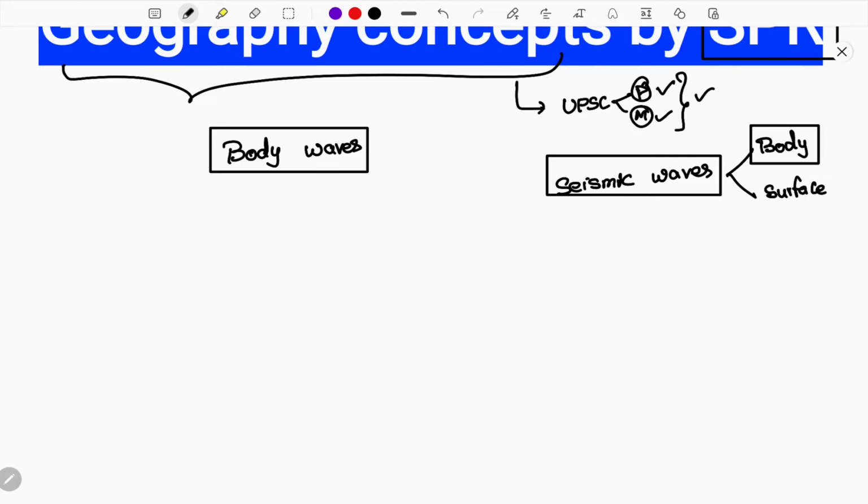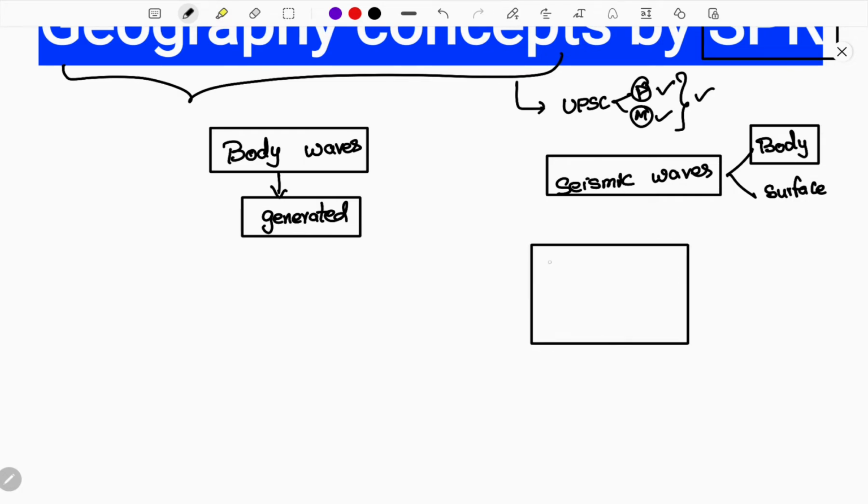First of all, we'll get concept clarity on how they originated. How are the body waves generated? We need to understand where, when and how these body waves are generated. Already I had shown an example of how an earthquake originates.